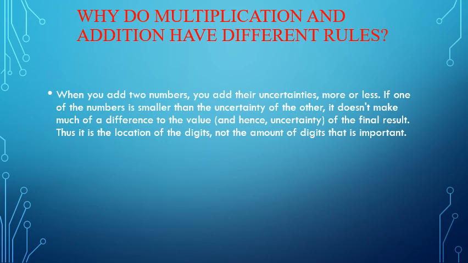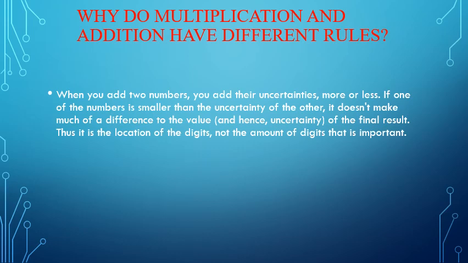Thus, when we're adding something that goes to the hundreds place with something that goes to the thousands place, we can be accurate in our measurement to the hundreds place. And so that last little bit that's just the thousands place is not going to impact our answer to any great degree. So it's going to be limited by the location of the digits, not the amount of significant digits.